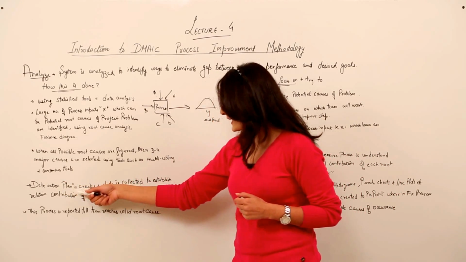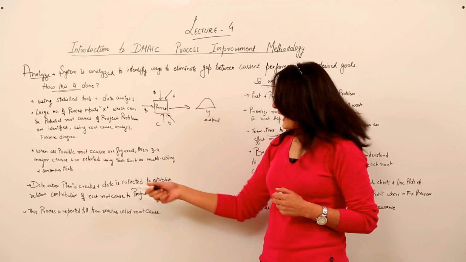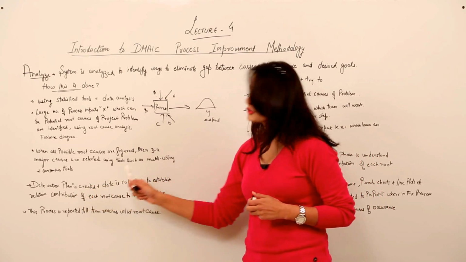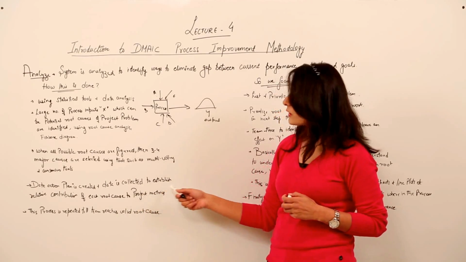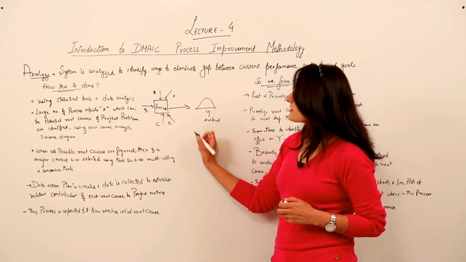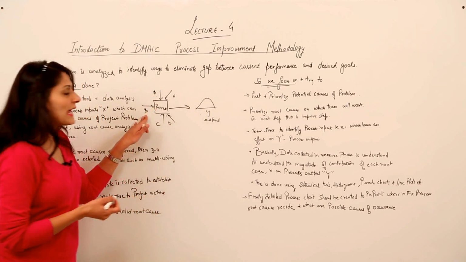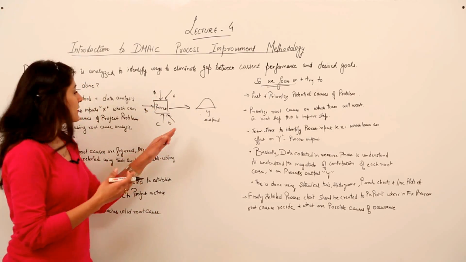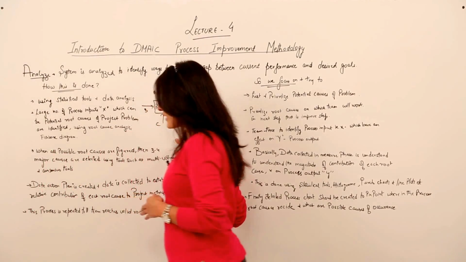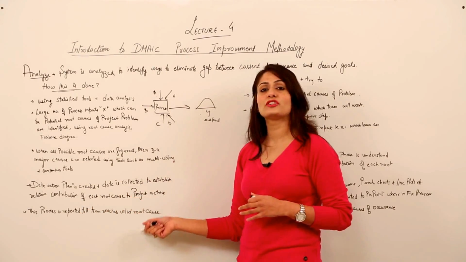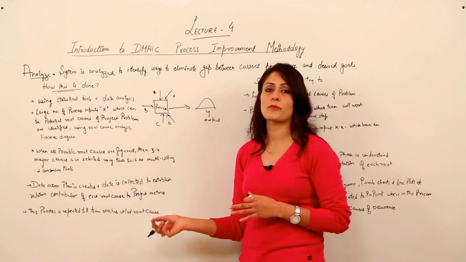A data action plan is created and data is collected to establish the relative contribution of each root cause to the project matrix, that is, what impact A has on the output or B has on the output. This is analyzed in this phase, and the process is repeated till the team reaches a valid root cause of the problem, right?